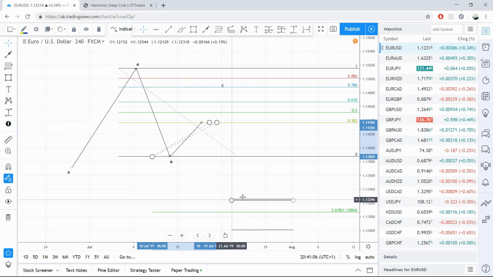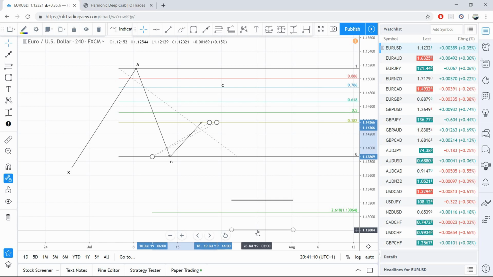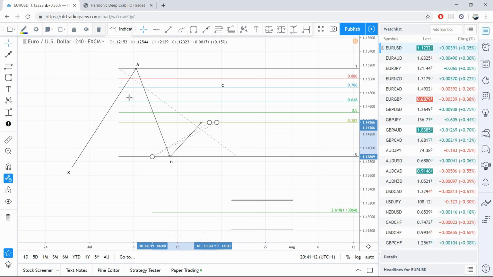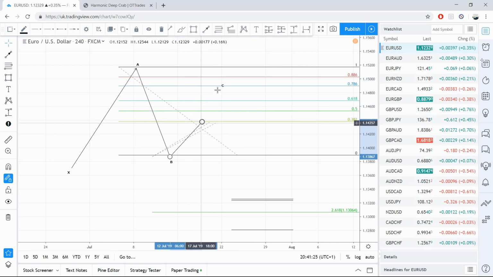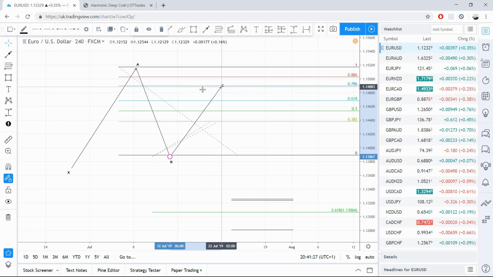That's going to bring it pretty much bang in the middle between that 1272 extension, AB equals ED, and the original extension of the X to A leg. So that would be where it forms if it was a precise 382 of A to B, forming that C point. So I hope that makes sense. Ours was again originally 786, so I'll leave that there.